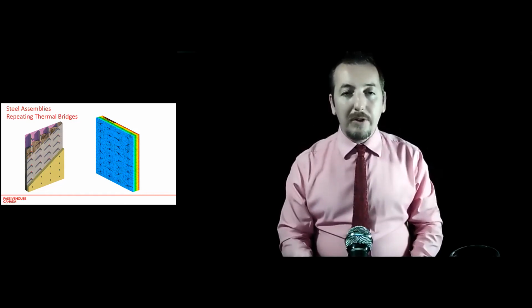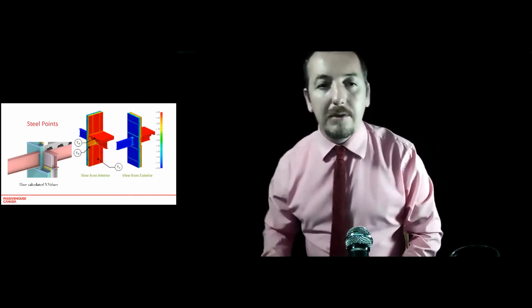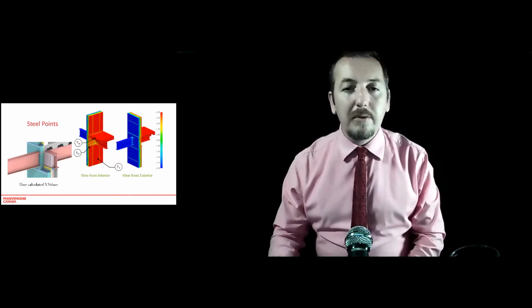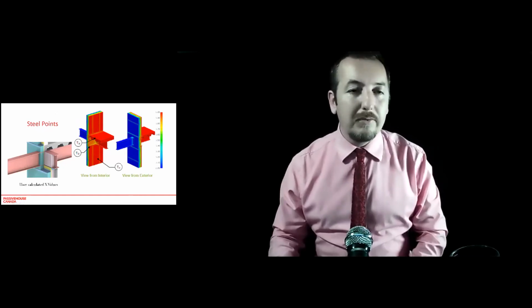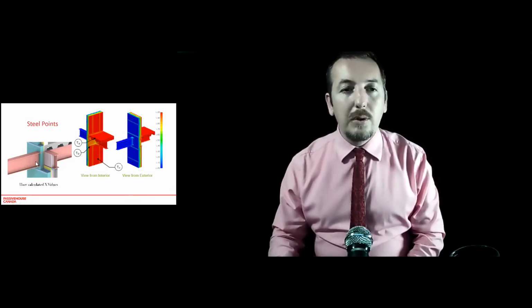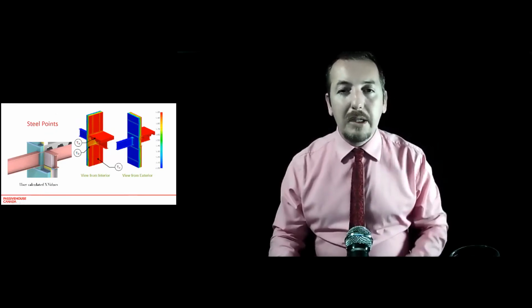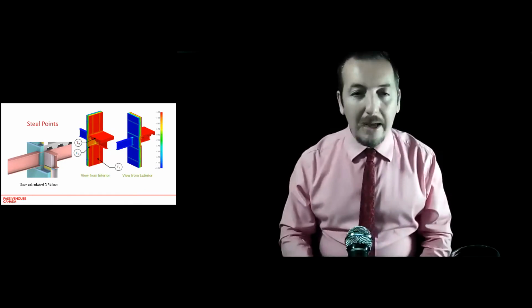Moving on even further, I borrowed this slide from a previous presentation, so this is not actually the Mold outputs, but they're very, very similar. So you can do steel point connections in steel assemblies with umpteen complexity.